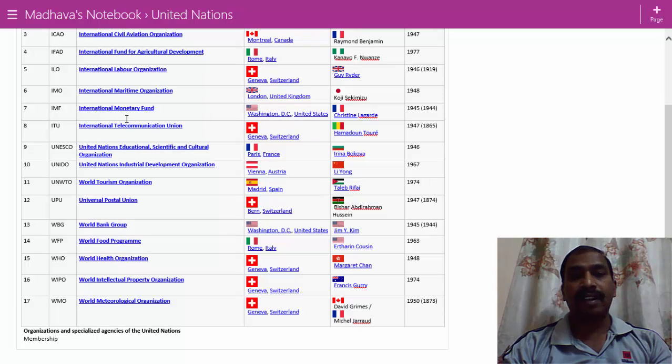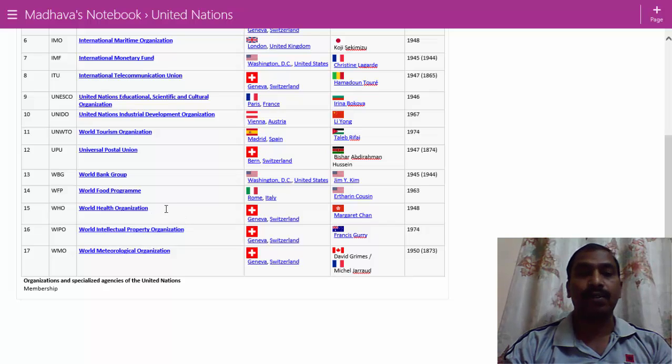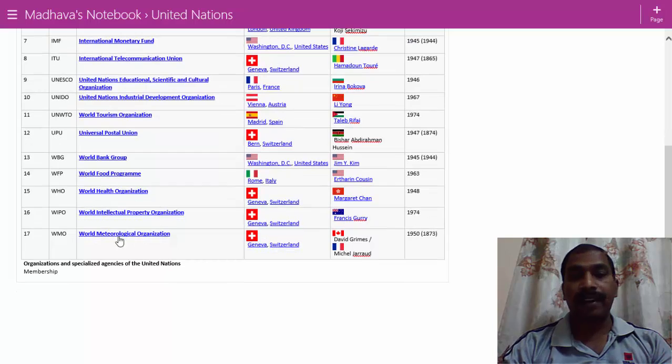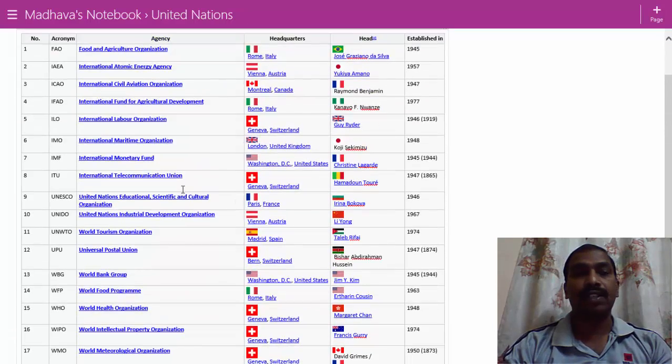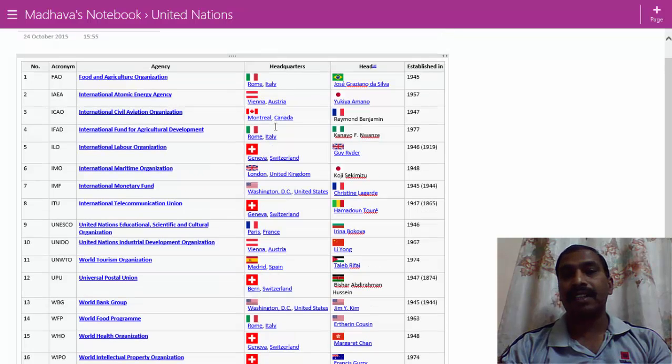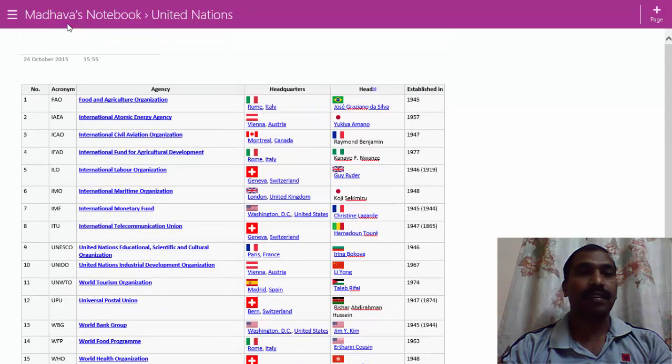These are different organizations which serve different purposes, like the World Bank Group, World Food Programme, World Health Organization, which looks after health-related issues, and the World Meteorological Organization. There are nearly 17 such organizations, including the International Monetary Fund, which gives support to different countries, and these are their headquarters and heads, and when each was established.